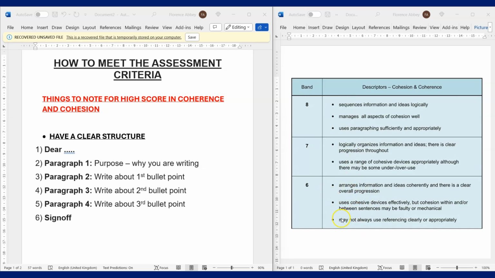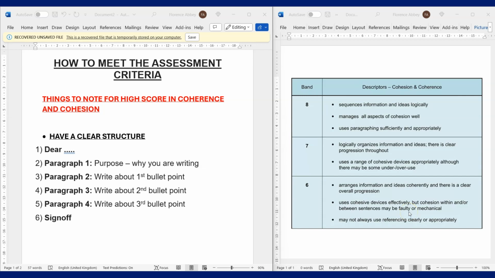For band 6, they tell you that this type of student arranges the information and ideas coherently and has a clear overall progression. So clear progression is really important. The person uses cohesive devices effectively, but the cohesion within or between sentences might be faulty or robotic.